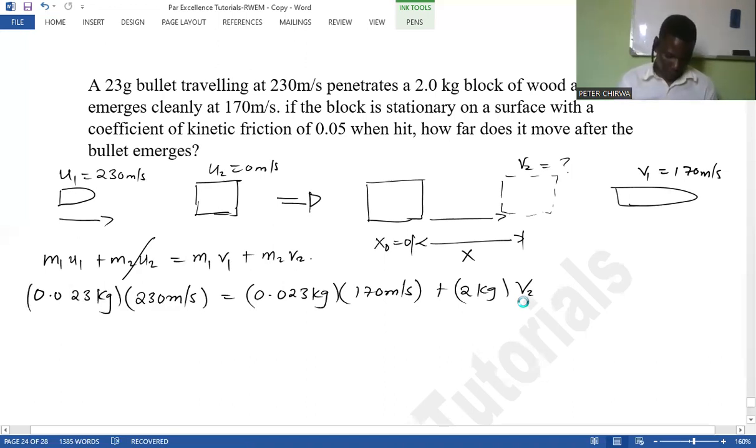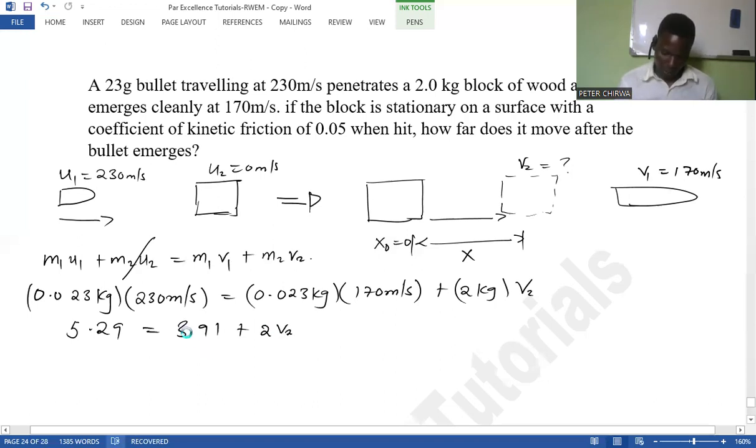So what do we get? We have 5.29 being equal to, sorry, I have a bit of flu. We multiply this, and here we get 3.91 plus 2v2.